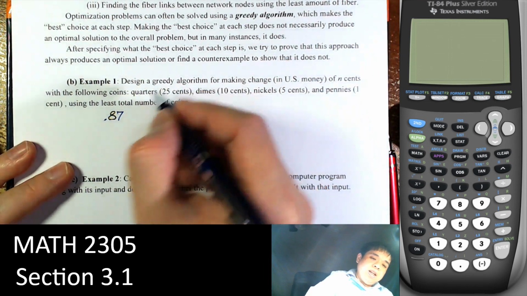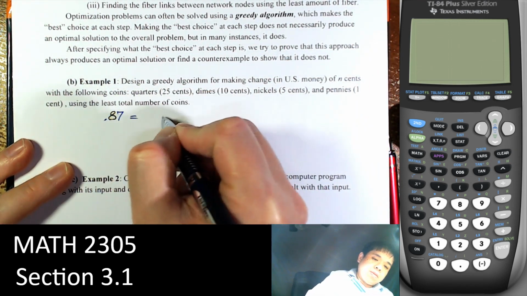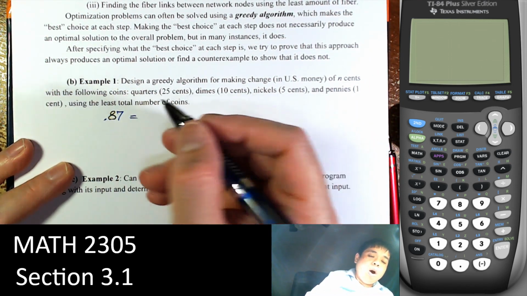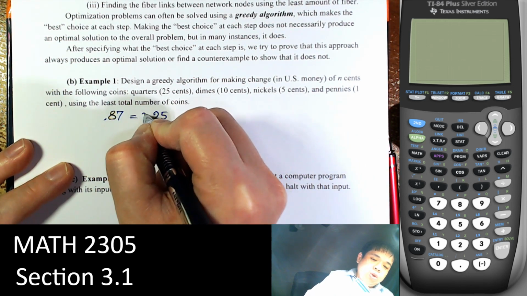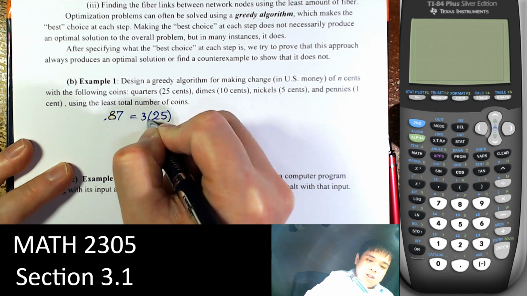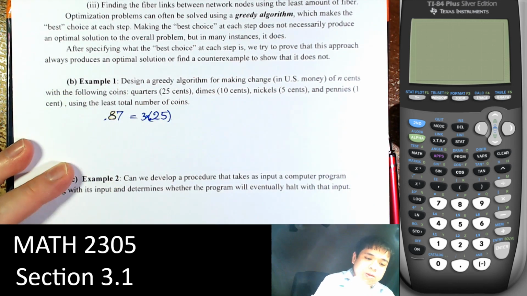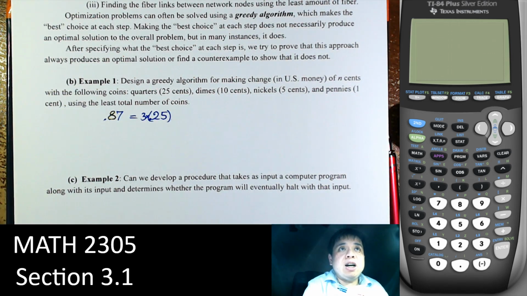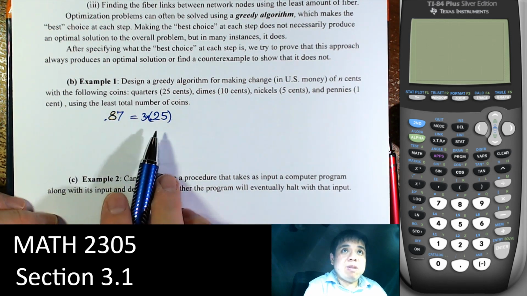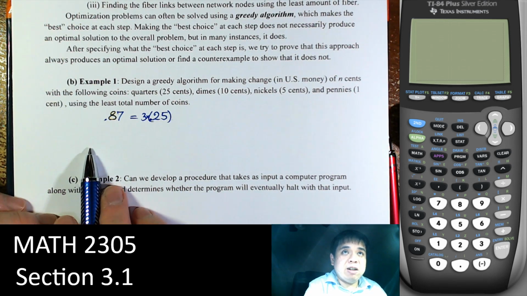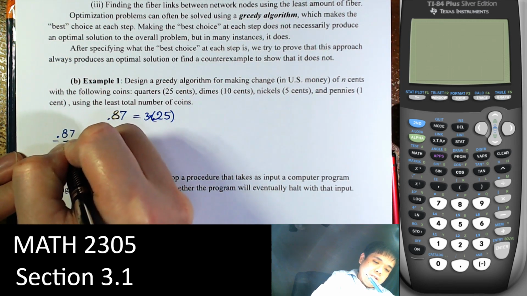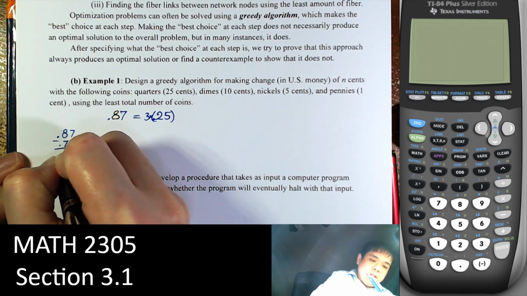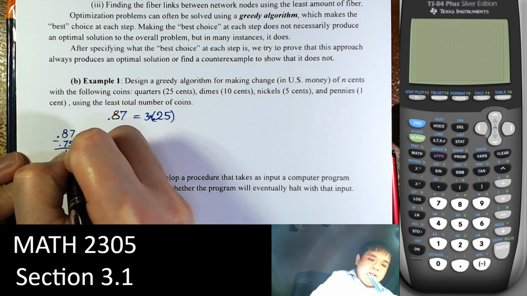So let's use the quarters. Of course, we know that we can use 3 quarters. And after that, that's 75 cents, 87. And that gives us 12 cents.